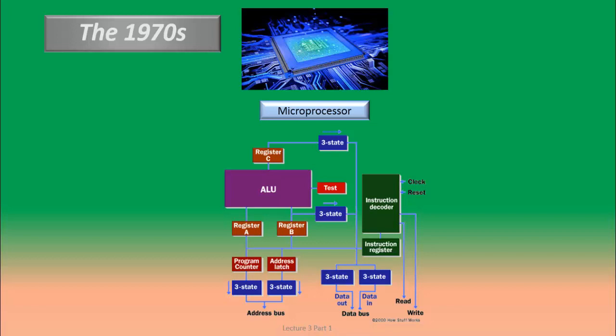Prior to the microprocessor, there were a number of physical components of a computer system that included such things as a device called a control unit, which was responsible for decoding instructions for the computer to perform.